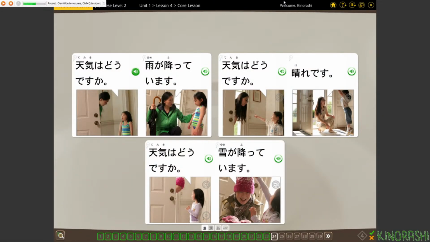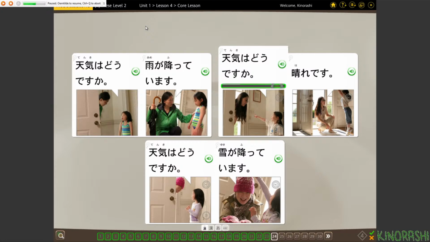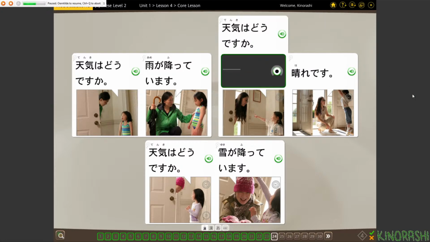天気はどうですか？雨が降っています。天気はどうですか？If you remember, this is actually the same symbol used in Genki, as in what condition you are in, like Genki desu ka, how are you? But this one's different, which makes it a different word, though they have the same second symbol.